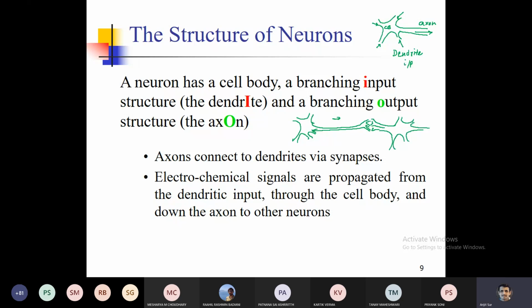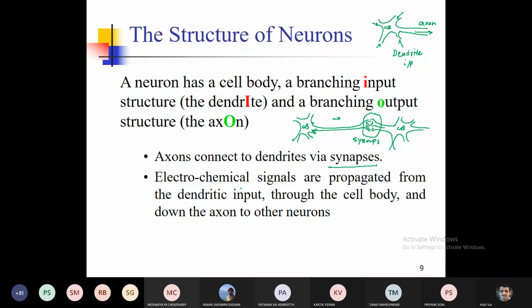These interconnections between axon and dendrites are called the synapse. This is one cell body, another cell body, and so on. This is a massive interconnection.